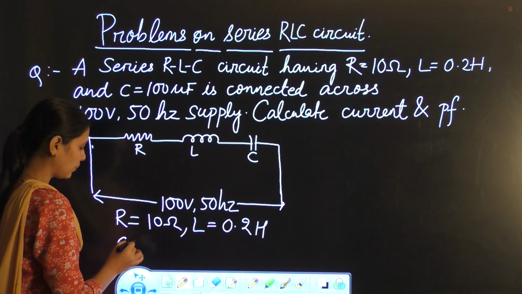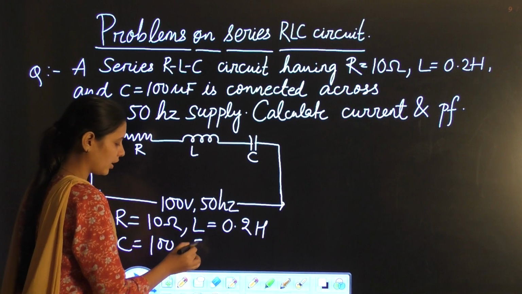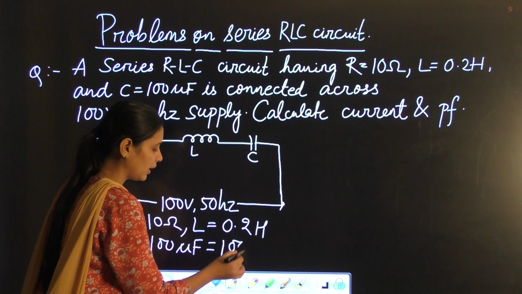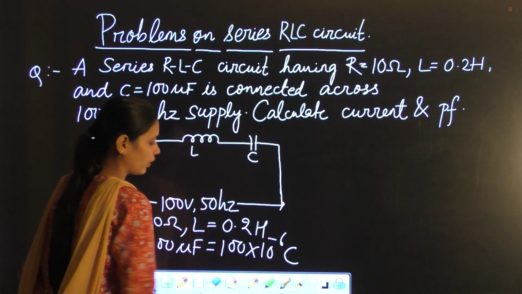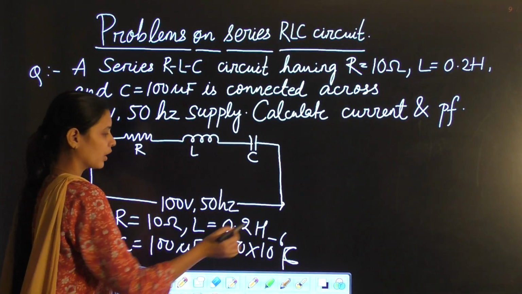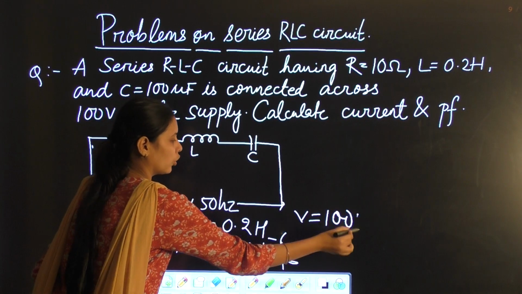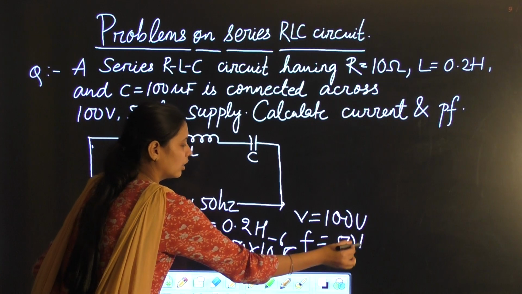C is 100 microfarad. I will convert microfarad to farad, so it will be 100 into 10 to the power minus 6 farad. Voltage is 100 volts and the frequency is 50 hertz.